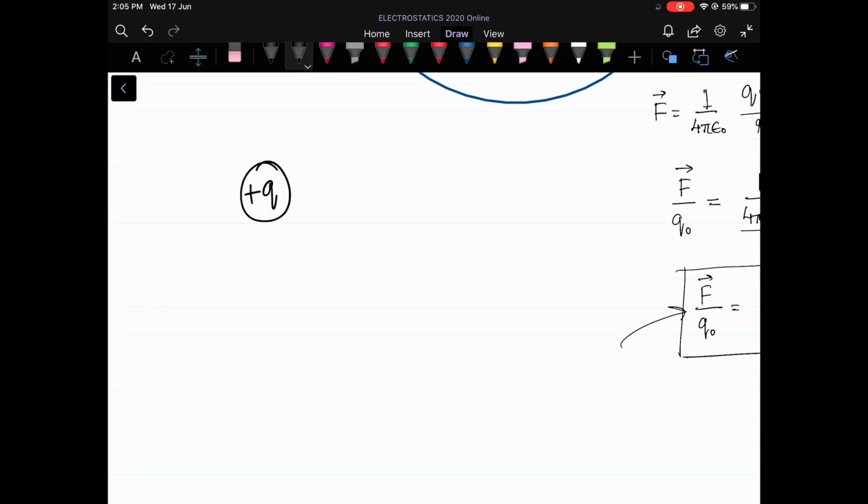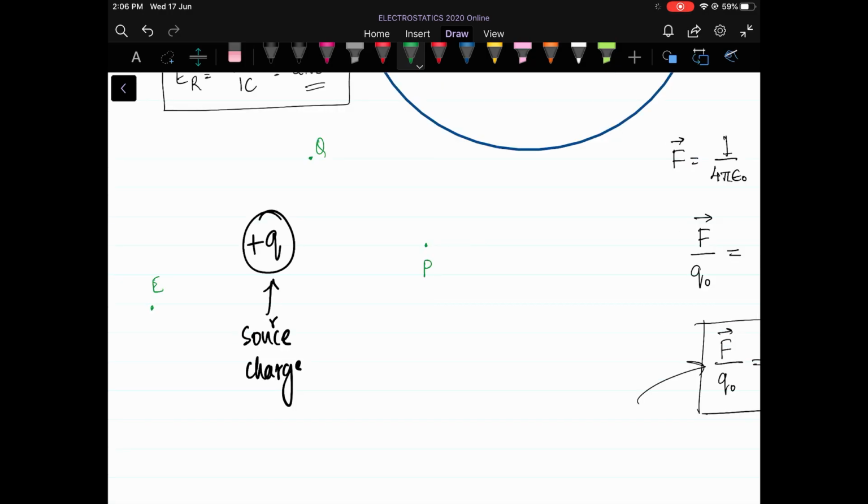So what we have learned just now is that if we have a charge which we call the source charge, this source charge will have points around it where we can find electric field due to this source charge. And you have seen the value of electric field at these points will be different. Notice there is no charge at these points, but we have fields at these points right now.